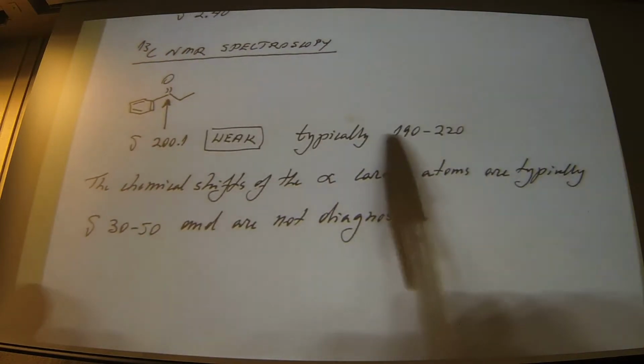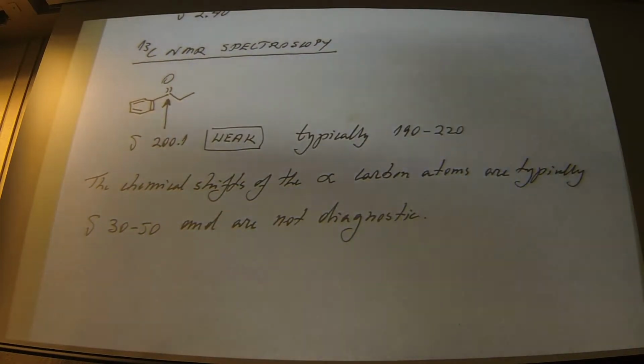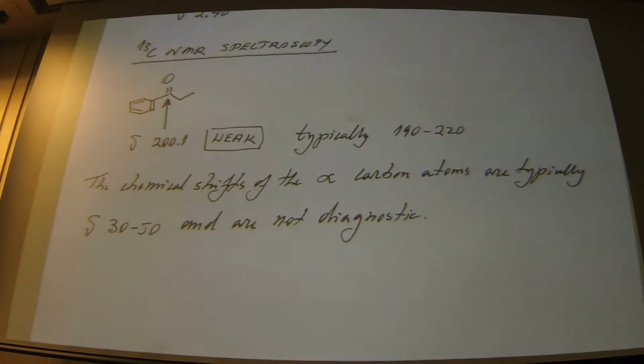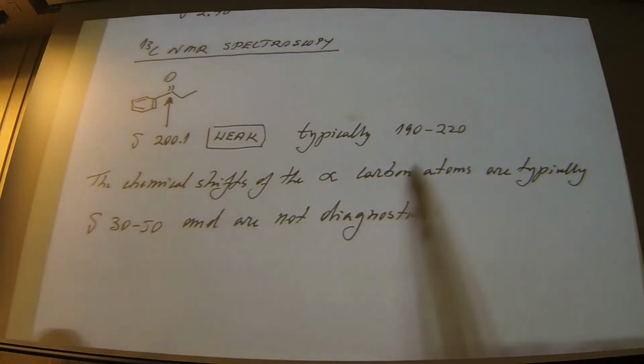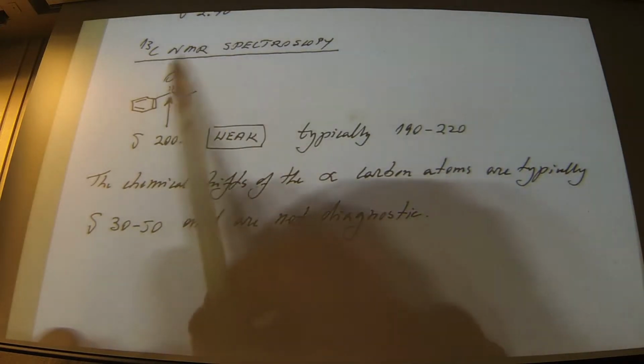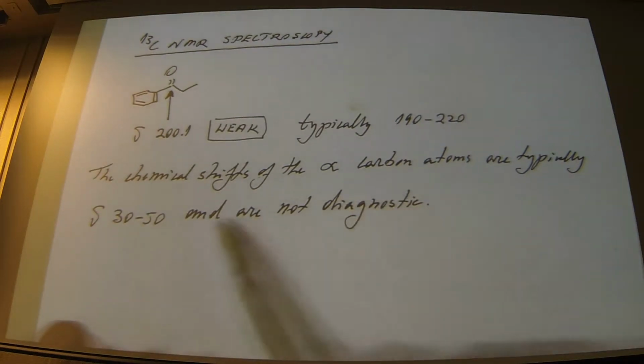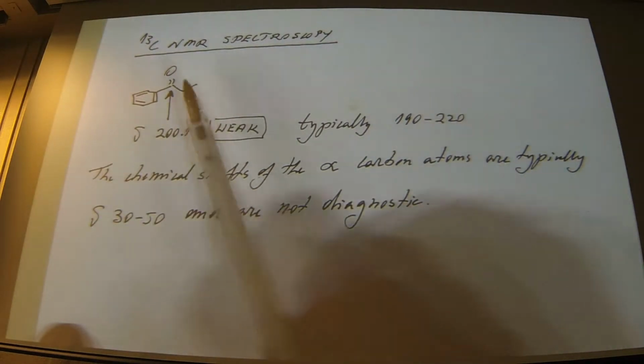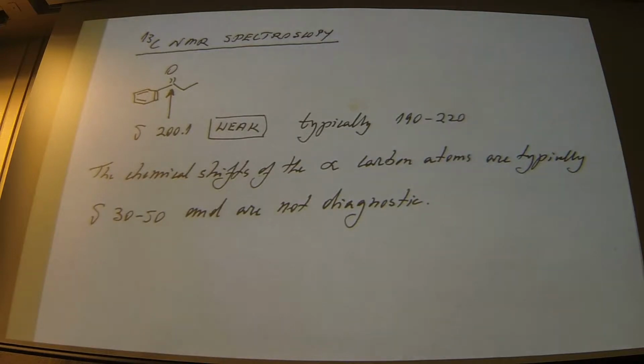And so again, it appears far off to the left, if you will, of the C13 spectrum, in an area where not too many other things will absorb. So the carbonyl, you can usually see that in the C13 quite easily. The chemical shift of the alpha carbon is not particularly helpful.